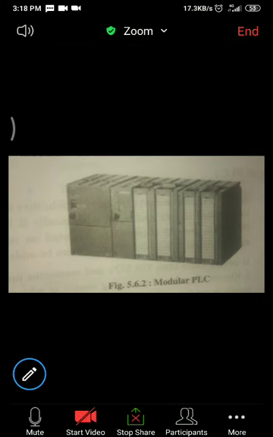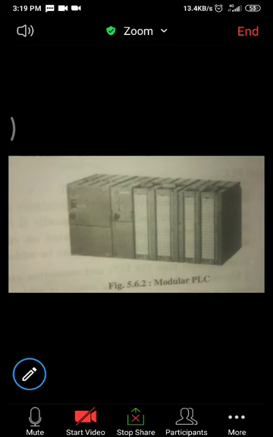Listen carefully, the cost of a large PLC may be in lakhs. It has a very flexible nature and is a low maintenance type of PLC. Most large PLCs are manufactured by Allen Bradley and Texas Instruments.